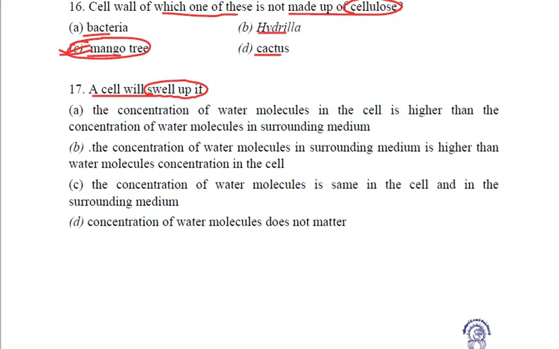The first option is the concentration of water molecules in the cell is higher than the concentration of water molecules in the surrounding medium. No, because if the concentration of water in the cell is higher, the water will move from inside the cell to outside, causing the cell to shrink, right?